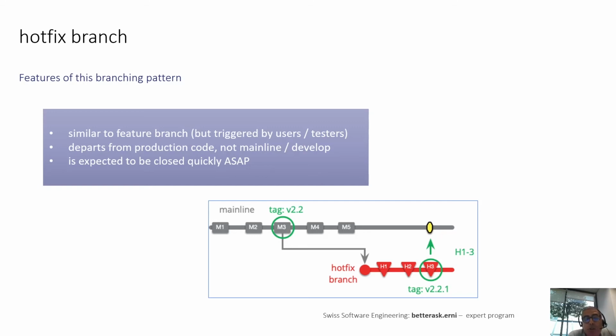And what you do is you don't depart from the develop branch. You come from production code. You know this code was on version 2.2. You get this code, you fix the code, and then you put it back, without going into release branches, without going into develop.